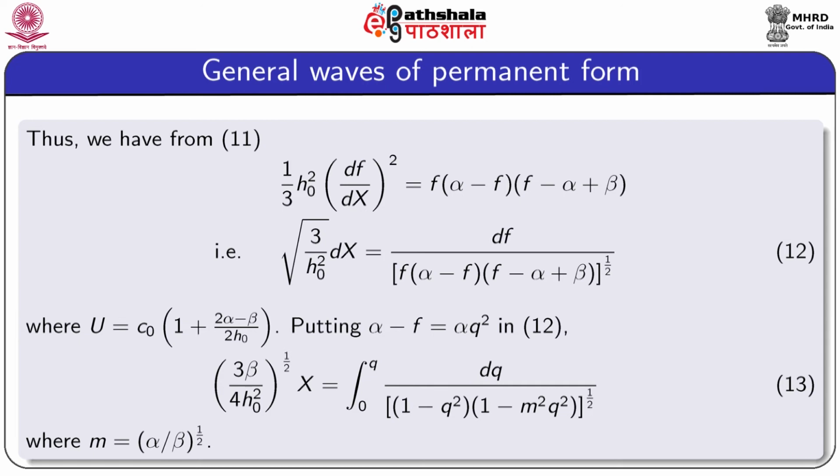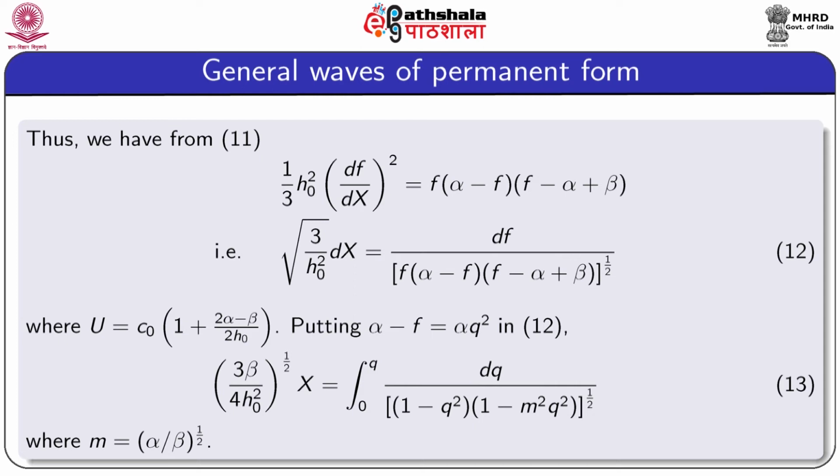Thus, from equation 11 we obtain 1/3 h0 square f dash square equals f into alpha minus f into alpha minus f minus alpha plus beta. Taking the square root on both sides, we obtain equation 12, where capital U is the velocity of the wave, given by the relation which you can see in the slide.